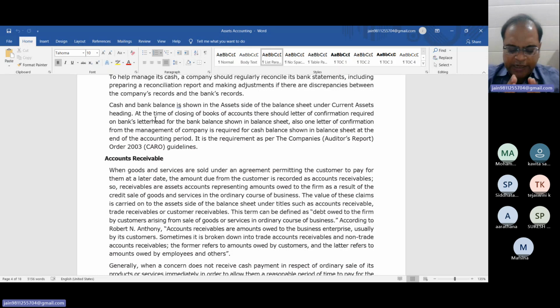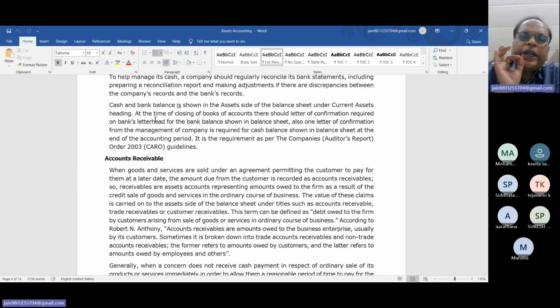Now, the balance sheet format for the sole proprietor, for the partnership firm, and for the company. Whenever a company prepares the financial statements, it has to follow the exact rules and regulations and the exact method to prepare them. That means the balance sheet, profit and loss account, and cash flow statement.